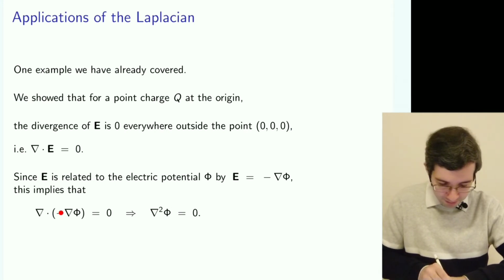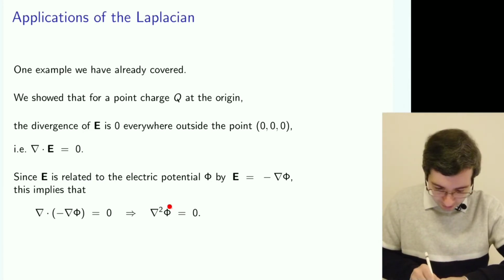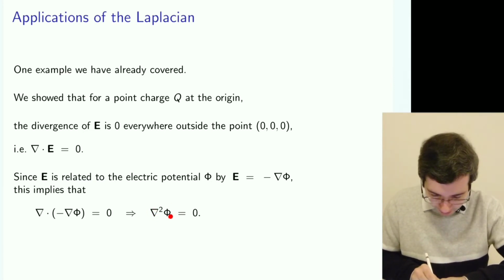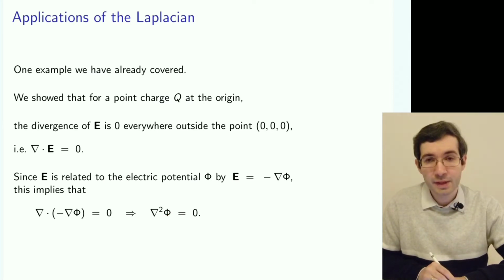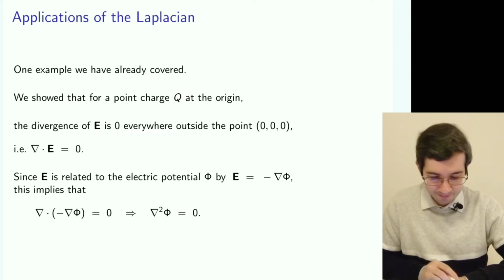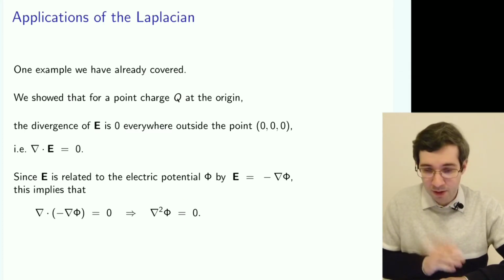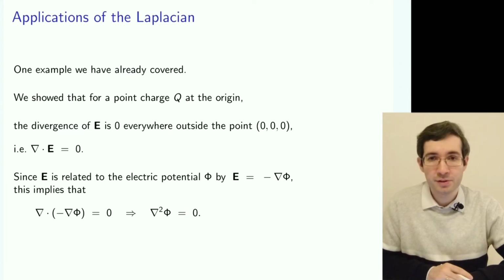And if you simplify it, because the minus can be taken out and because it equals 0, it doesn't matter, you have a Laplace operator applied to the electric potential, and it is 0 everywhere for the electric field generated by the electric charge.